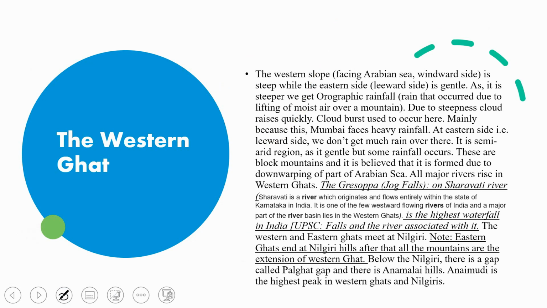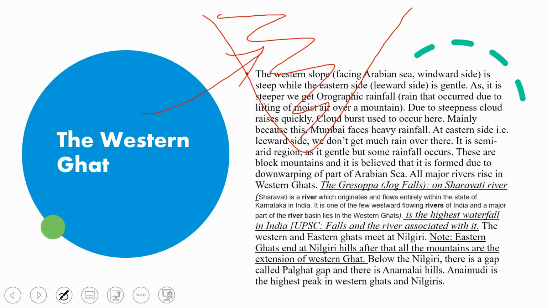So in the Western Ghat, we have a mountain present. What will happen when the air laden with water hits the mountain, it climbs up the mountain. Like if this is your mountain, when the air strikes, it will climb, and it gives heavy rainfall here, heavy rainfall in this area.